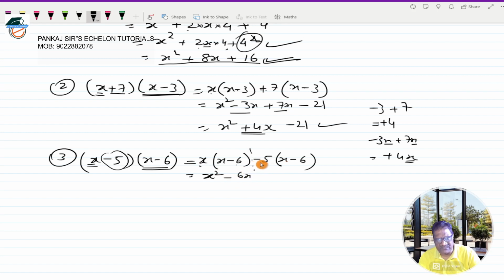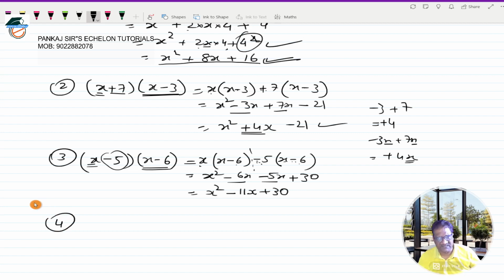Now minus 5 into x will be minus 5x, and minus 5 into minus 6 will be, minus into minus is plus, 5 into 6 is 30. Then this can be written as x square, minus 6 minus 5 is minus 11, so minus 11x plus 30. That's the answer. Okay, so I hope you are understanding.